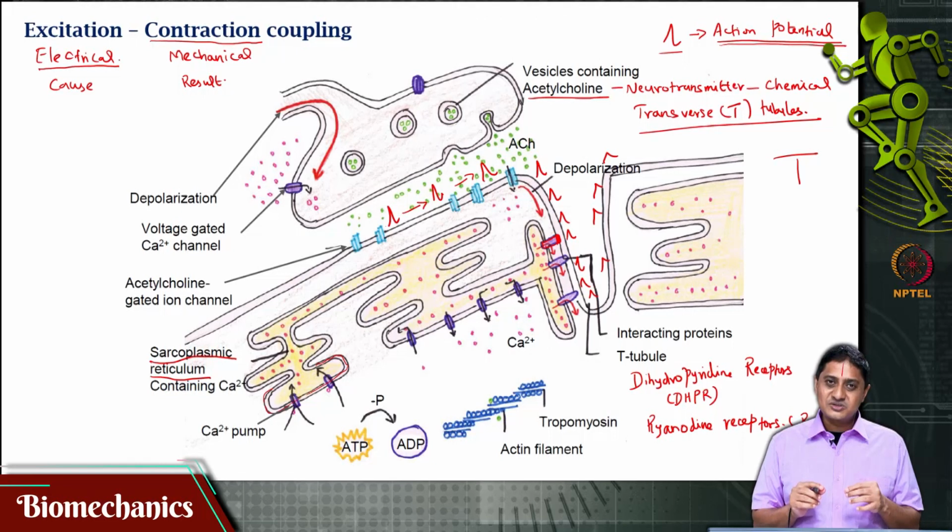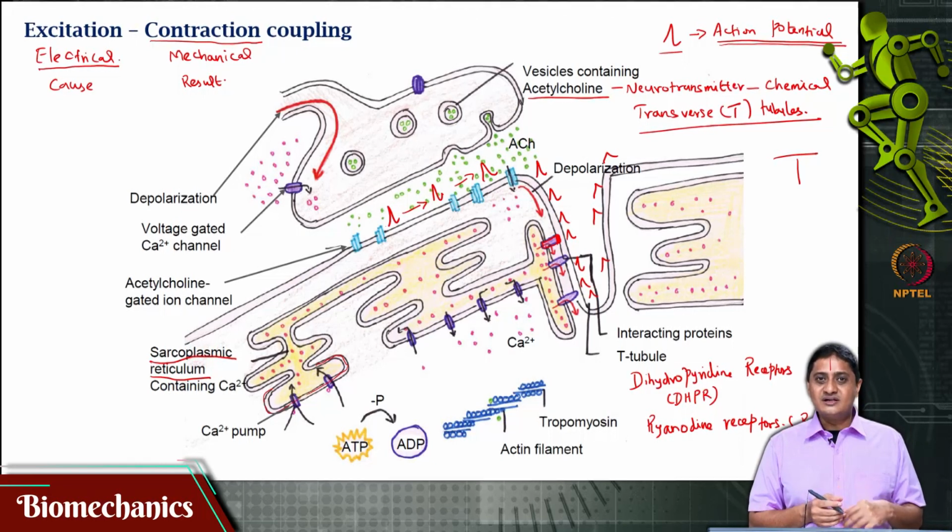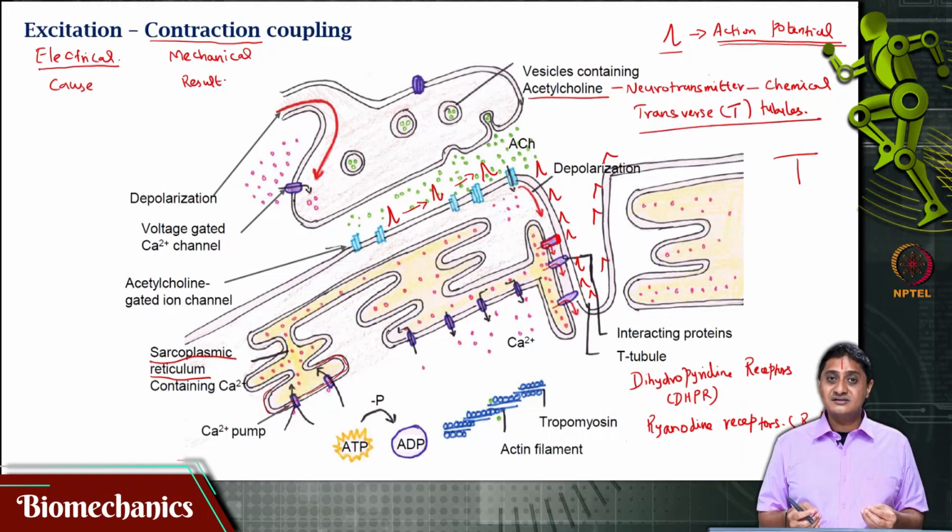Whenever there is this action potential, it will open, but when it opens, it also opens a channel that is attached to the sarcoplasmic reticulum. Sarcoplasmic reticulum is not on the plasma membrane. It is in the cytoplasm of the muscle cell, or rather the sarcoplasm of the muscle cell.